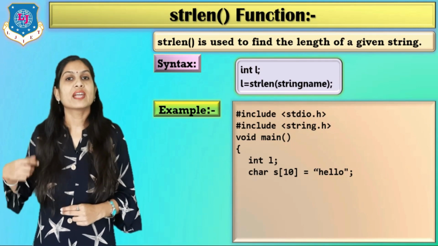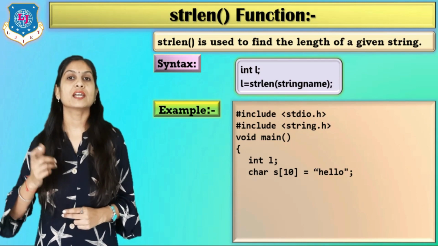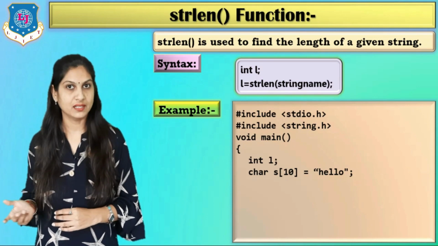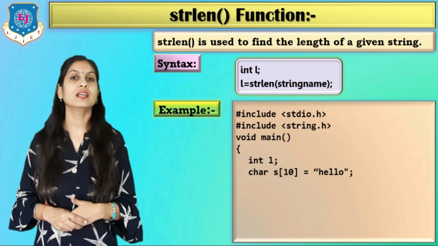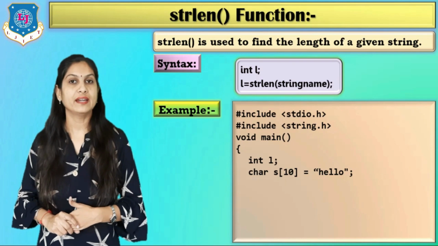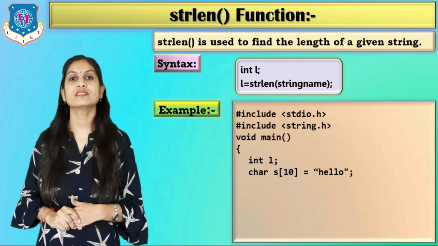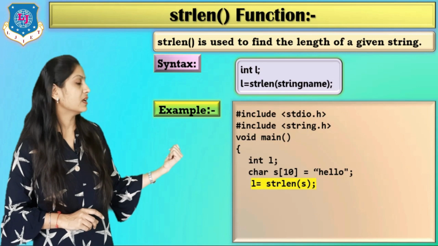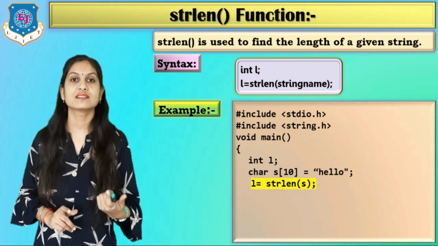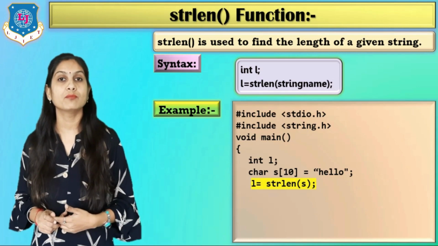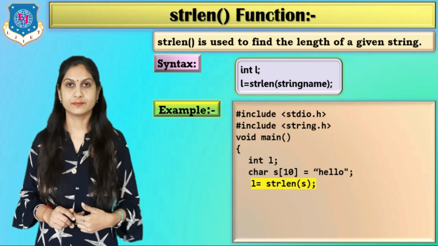Clear? How we can use runtime initialization, we will discuss in our practical session. And then the integer variable L for finding the length, which is always an integer. Then L equals the function strlen, and inside brackets the name of the string, here s.